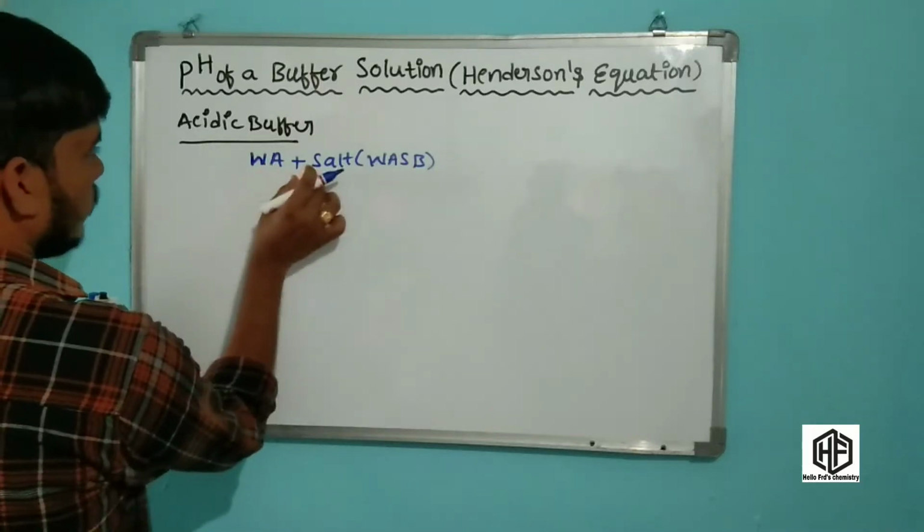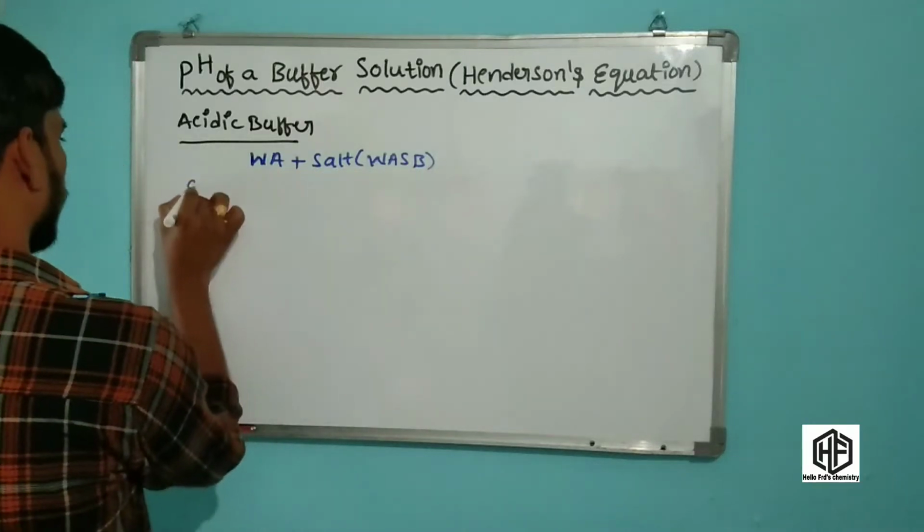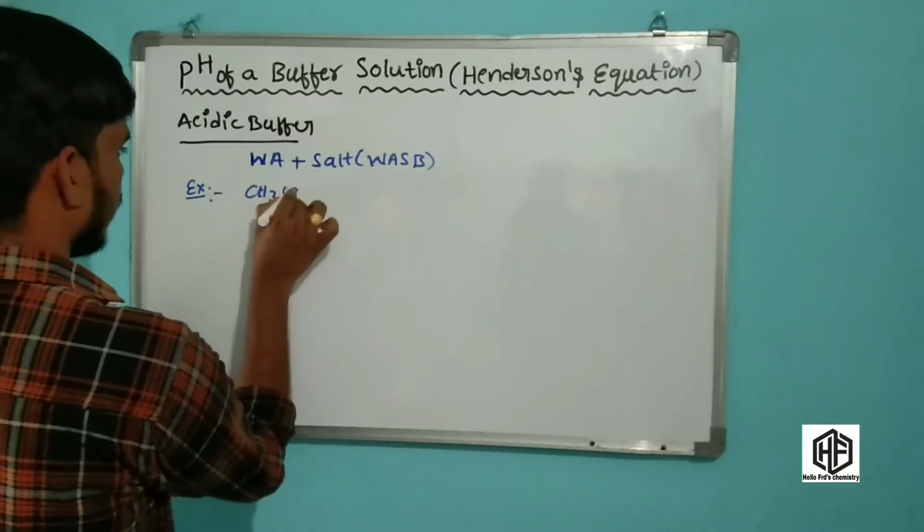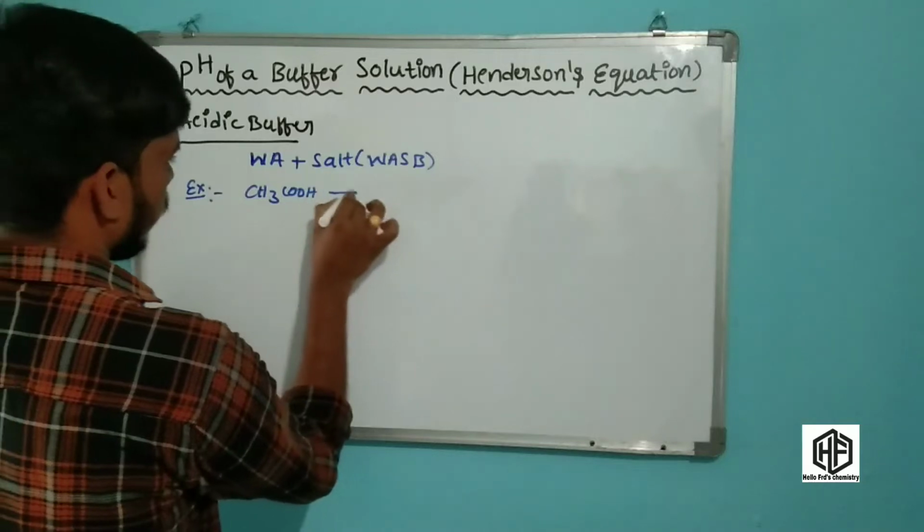Now, weak acid plus salt. An example of a weak acid is CH3COOH. This is the weak acid.